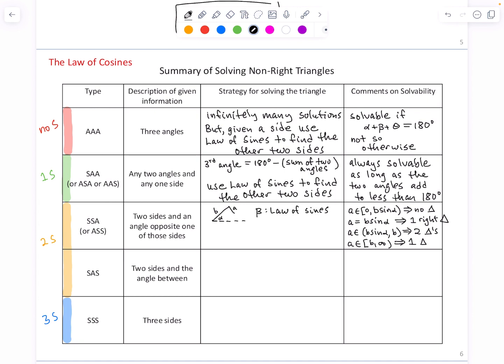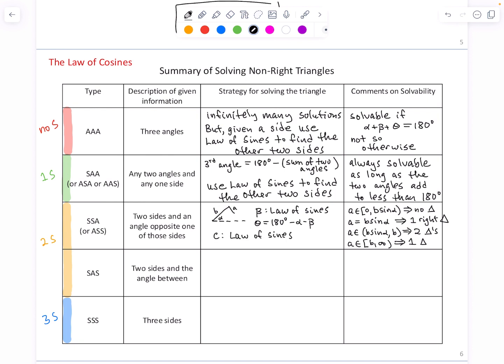If the triangle is solvable, we can find beta using the law of sines. And sometimes we get more than one answer for beta, an acute or an obtuse angle, when we are in this case here. Then you can find the third angle theta by removing alpha and beta from 180 degrees. And then you can find the last side, C, also using the law of sines.